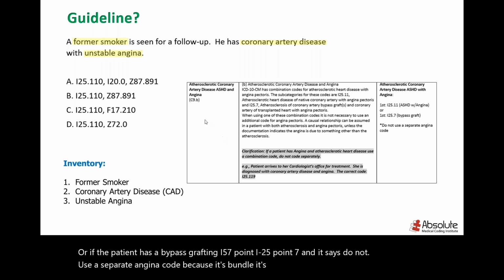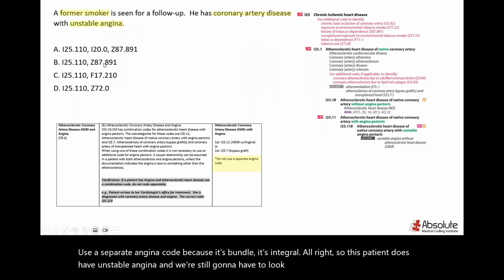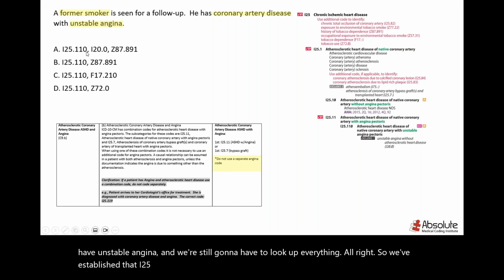So this patient does have unstable angina, and we're still going to have to look up everything. All right, so we've established that I25.110 is correct because it's shared by all four answers.